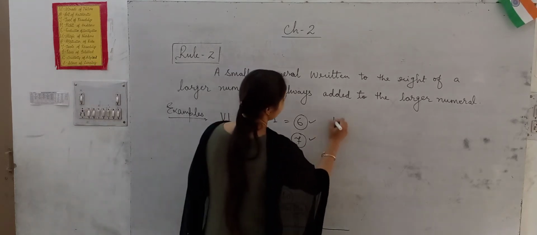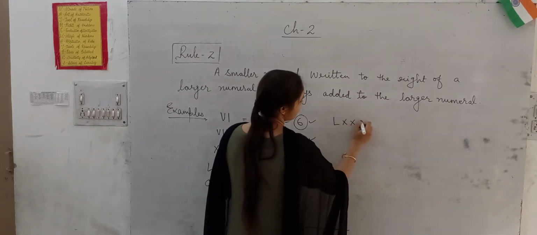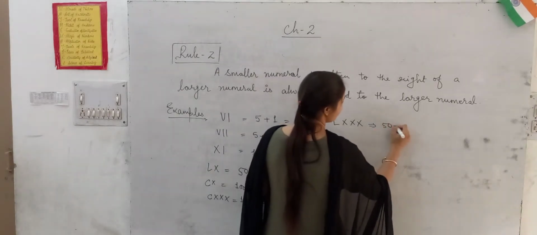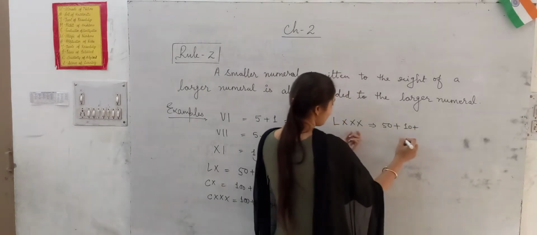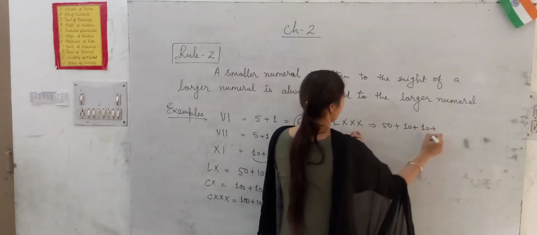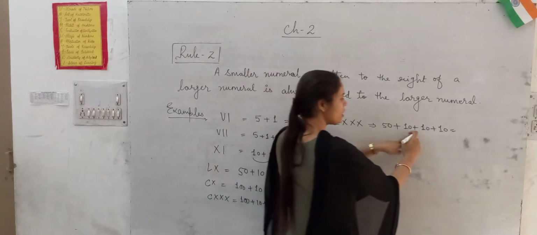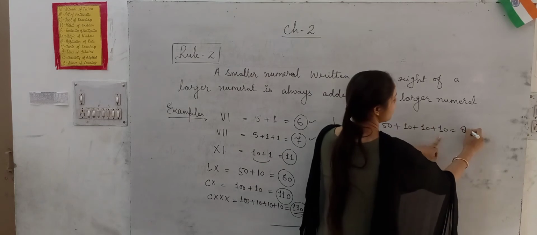Next example, if we write L, X, X and X: L means 50, plus X means 10, again 10, and X again 10, equals 50 plus 10 is 60, 60 plus 10 is 70, and 70 plus 10 means 80.